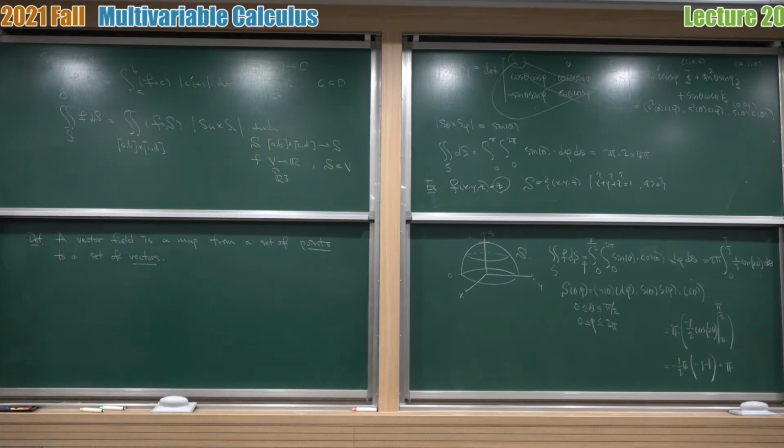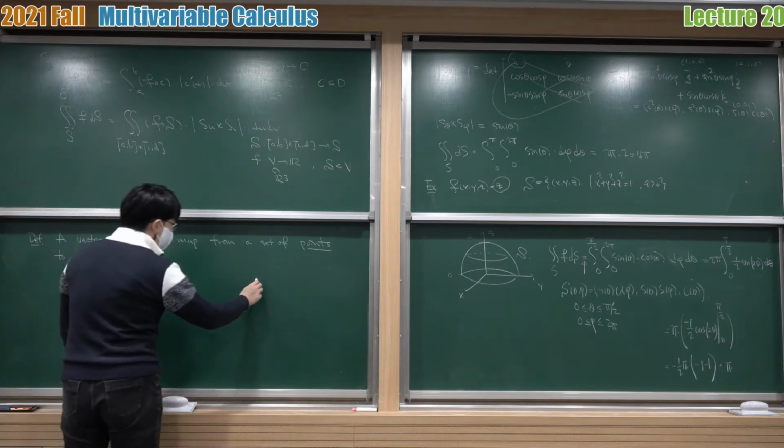So probably you have heard about the vector field many times in physics, where you talk about the force field, magnetic force field, gravitational force field, electrical force field. So that force field gives you the direction of force at each point, right? So basically, that field is mapping a vector to each point.